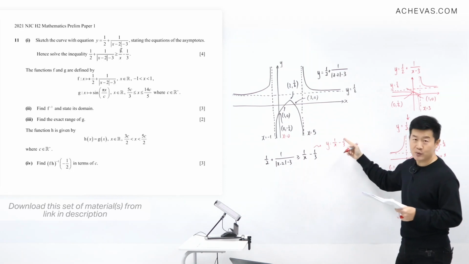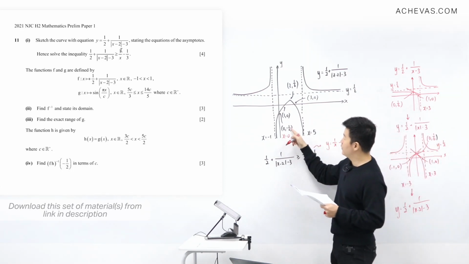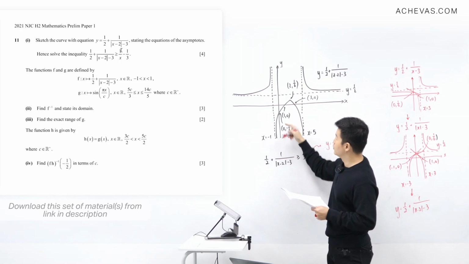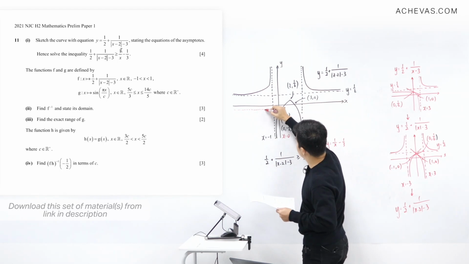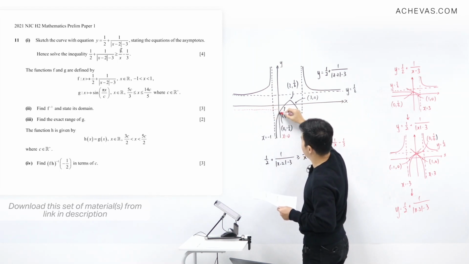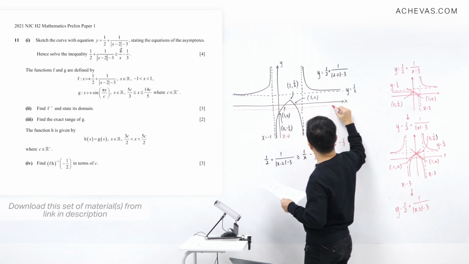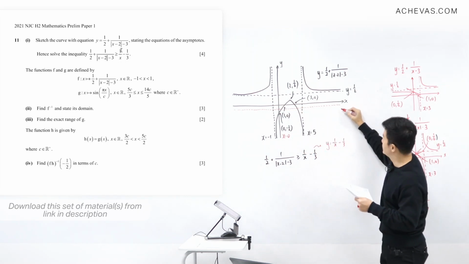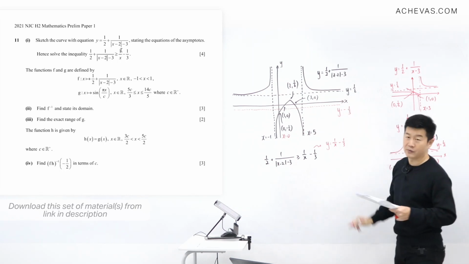And this graph has a horizontal asymptote of y is equal to minus 1 over 3. Minus 1 over 3 should be above minus 1 over 2. So I'm going to sketch a horizontal asymptote somewhere here, above this y-intercept. So let's say it is this, and this here is y is equal to negative 1 over 3.